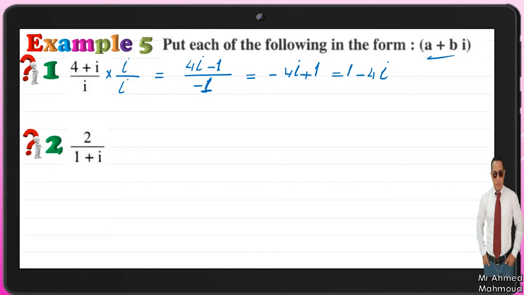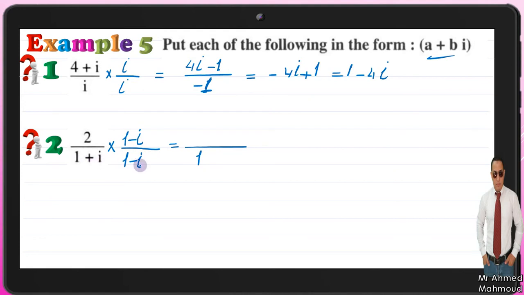2 over 1 plus i. Here the denominator includes a complex number. To change the complex number into a real number, we have to multiply up and down by the conjugate. So I am going to multiply up and down by the conjugate, which is 1 minus i up and 1 minus i down. Down, 1 times 1 equals 1.